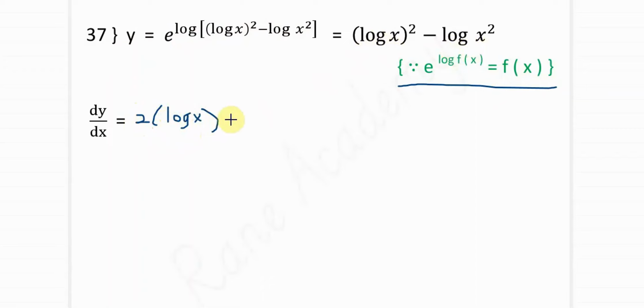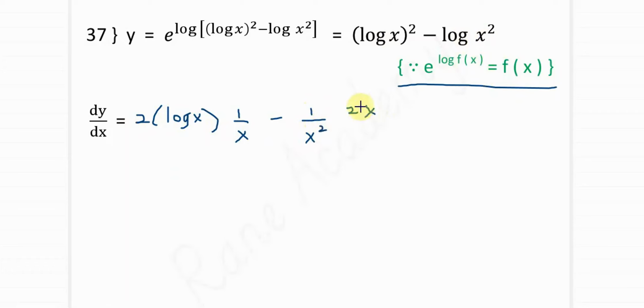Now derivative of log x is 1 upon x, minus log of x square, which is 1 upon x square, and derivative of x square is 2x.